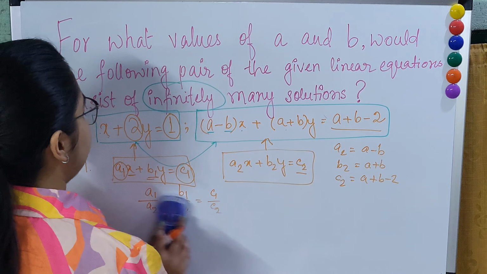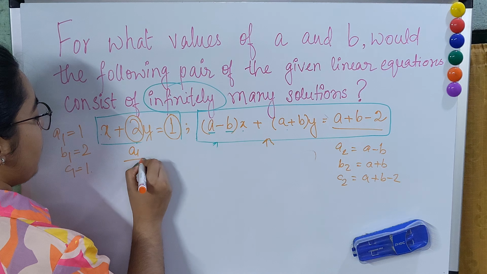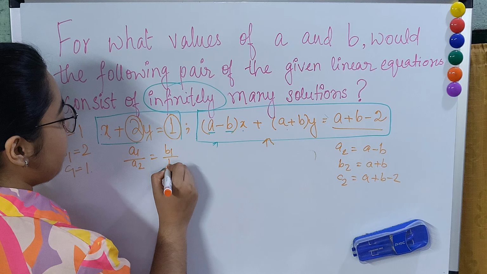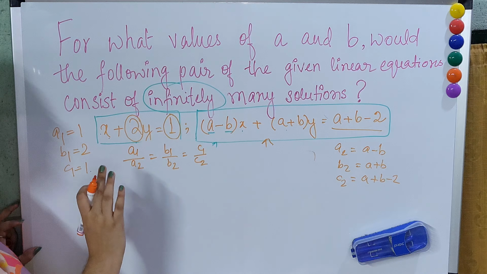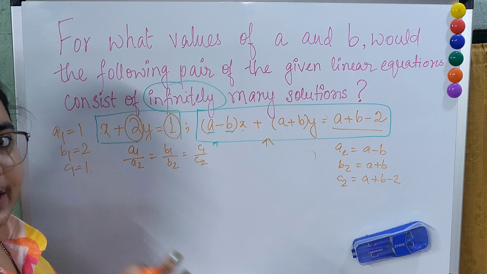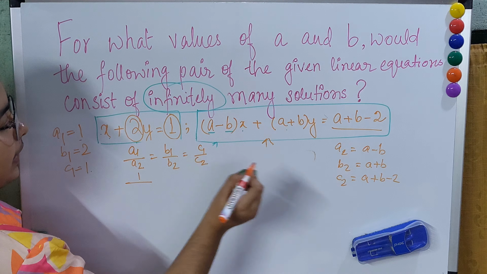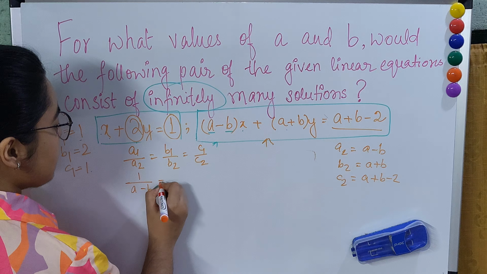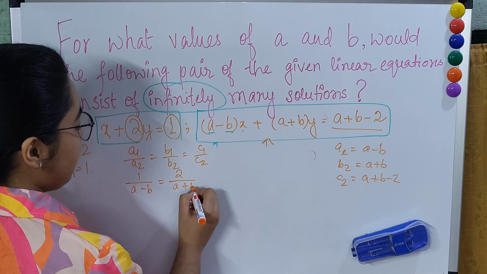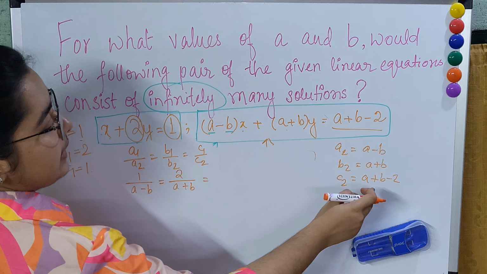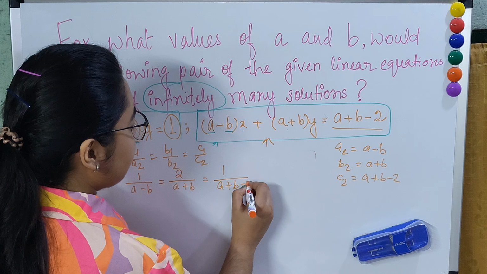Now, what was our condition? Our condition was a1 by a2 is equal to b1 by b2 is equal to c1 by c2. So now let's put in the values of a1, b1, c1 and a2, b2, c2. a1 was 1, so 1 by a2, which is A minus B. b1 is 2, so 2 by b2, which is A plus B. Now c1 is 1 and c2 is A plus B minus 2, so 1 by A plus B minus 2.